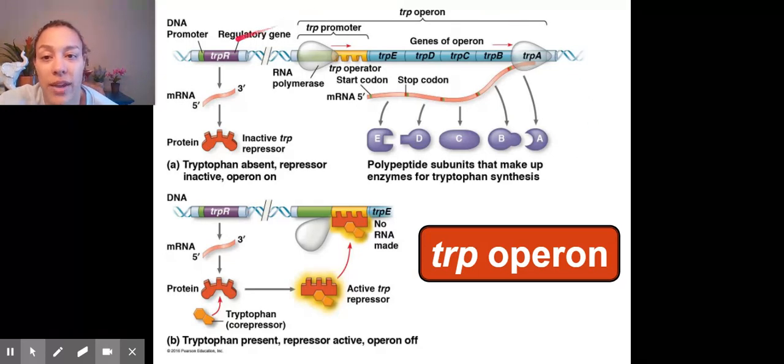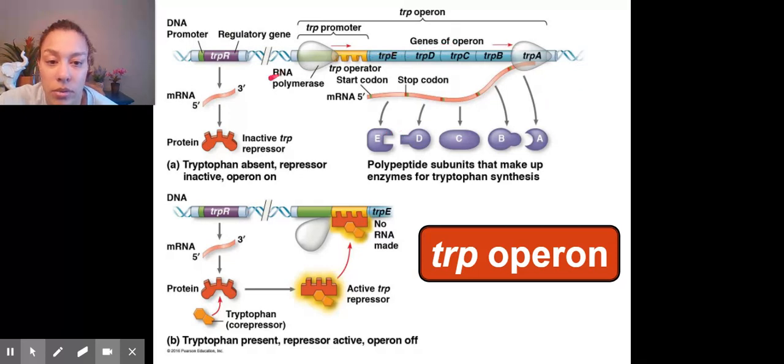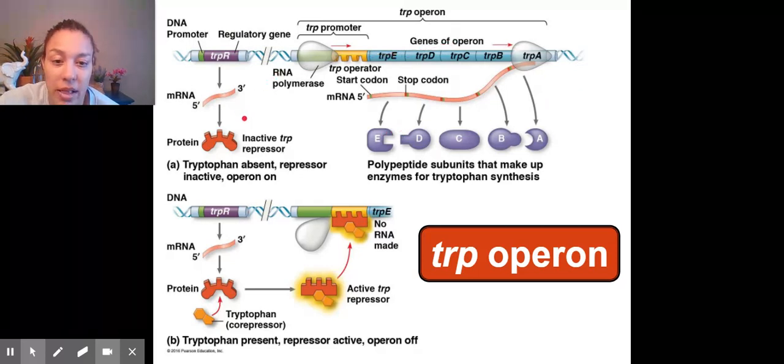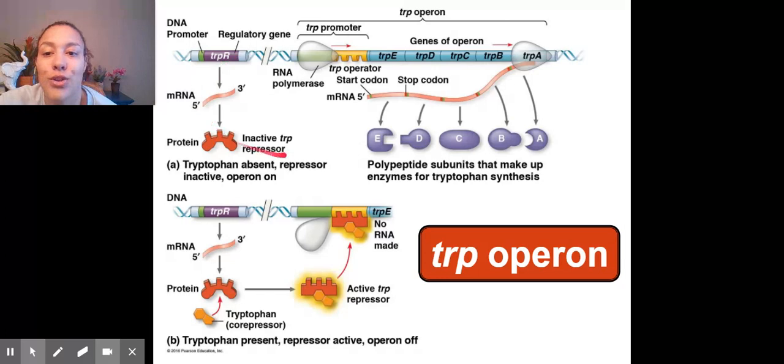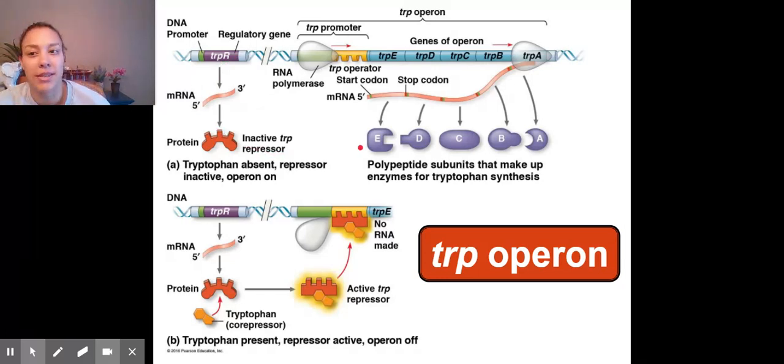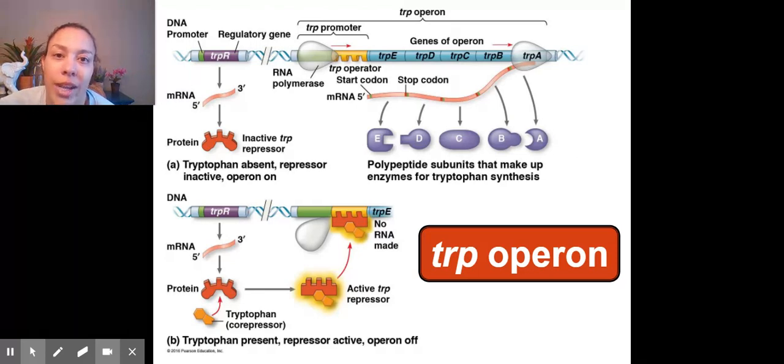So here's an example of that with much greater detail. This is our tryptophan operon. It's going to be developing enzymes for tryptophan synthesis. Normally, let's think about Thanksgiving. Tryptophan is usually associated with when we eat our turkey and then we pass out at Thanksgiving because we're so tired, right?